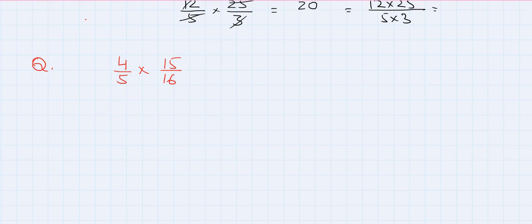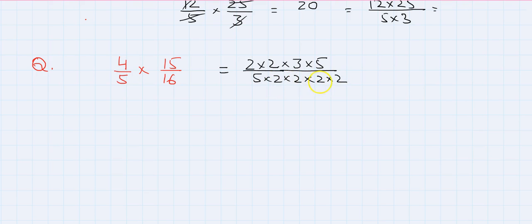So let's say we have the factors of 4 will be 2 multiply 2 and the factors of 5 is just 5. Then the factors of 15 will be 3 times 5 is 15 and the factors of 16 will be 2 multiply 2 multiply 2 multiply 2.